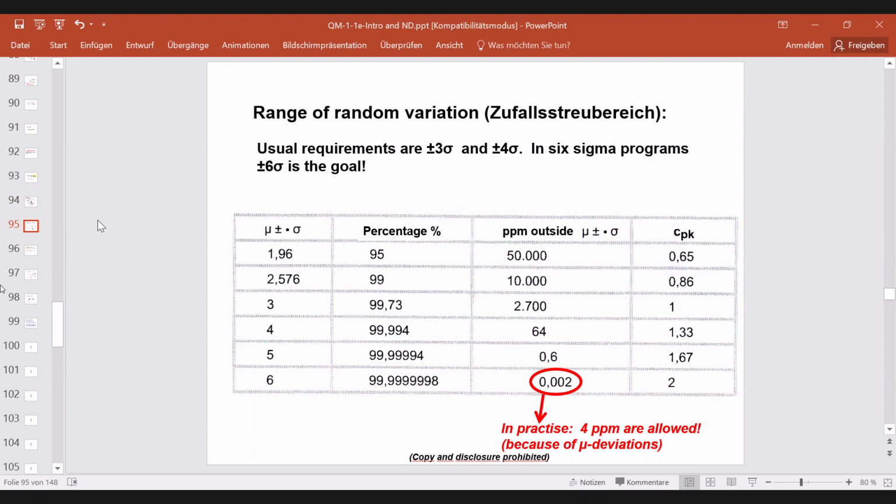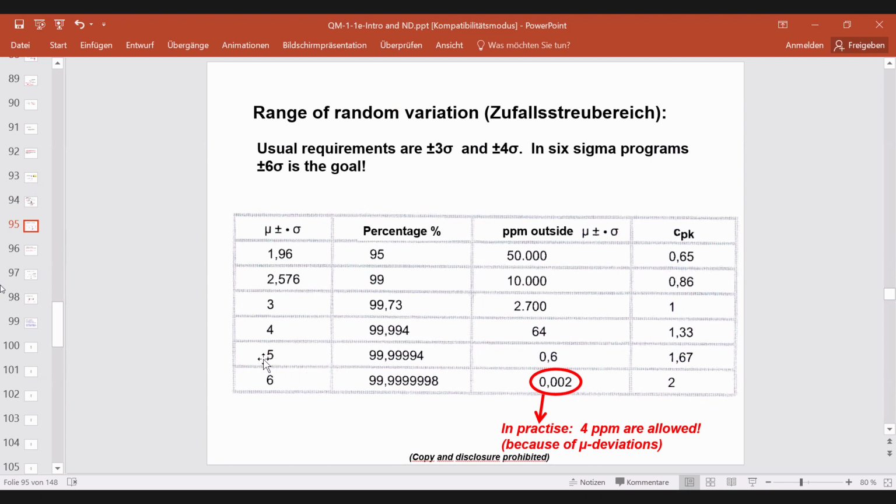In this table, you see some relations. Here you see the distance. 3 sigma means 99.73%. Inside plus minus 3 sigma, plus minus 4 sigma, it is the value that we had before, 99.994.